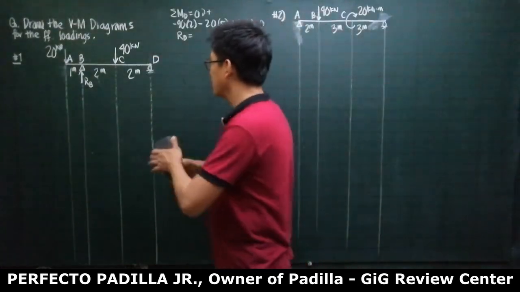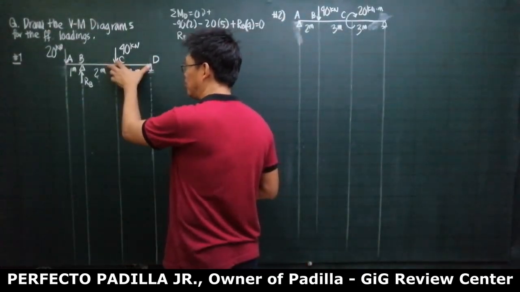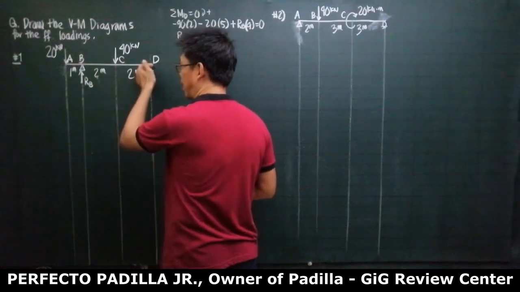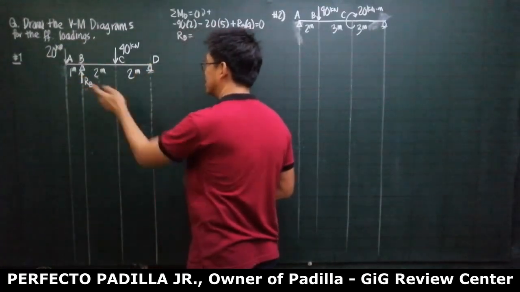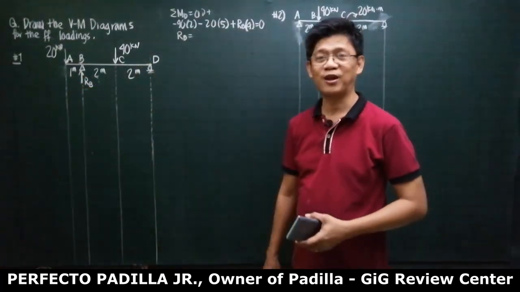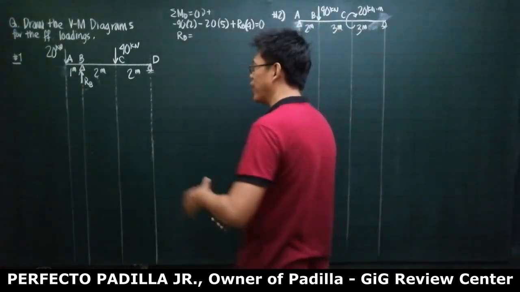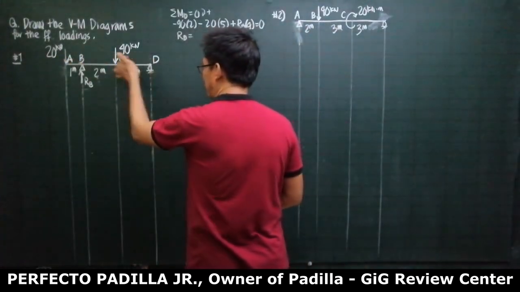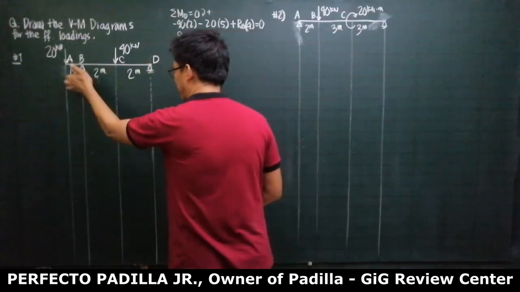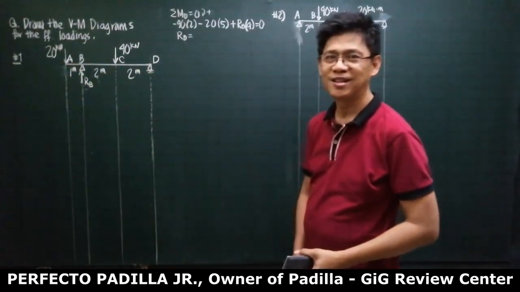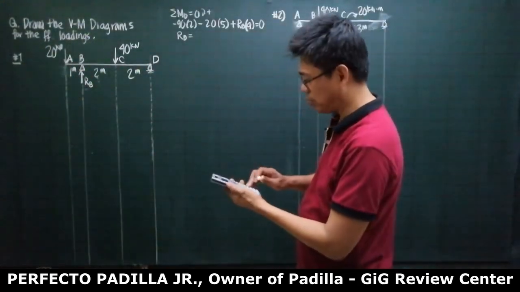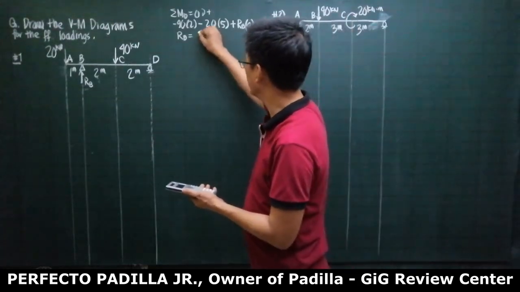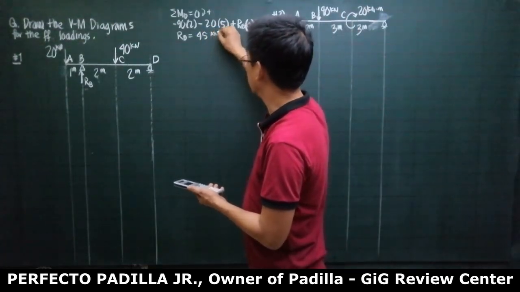So I have 40 times 2, 20 times 5 over 4. That is RB. You follow? Okay. Or you have here 20 times 5, 40 times 2 over 4. That is your RB. You get it? Okay. So RB is going to be 45 kilonewtons.